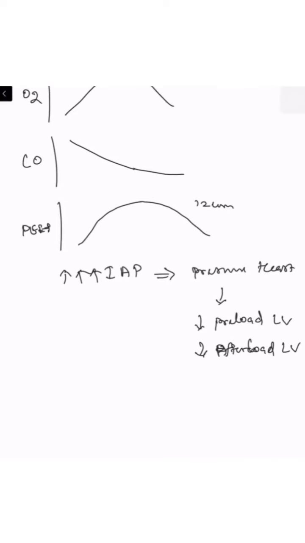By increasing the intra-alveolar pressure, it will compress the IVC and SVC, so the preload will decrease. By increasing the intra-alveolar pressure, it will also increase the pulmonary vascular pressure. So the right ventricle has to pump harder against the increased pulmonary pressure. So there will be an increase in right ventricular pressure.